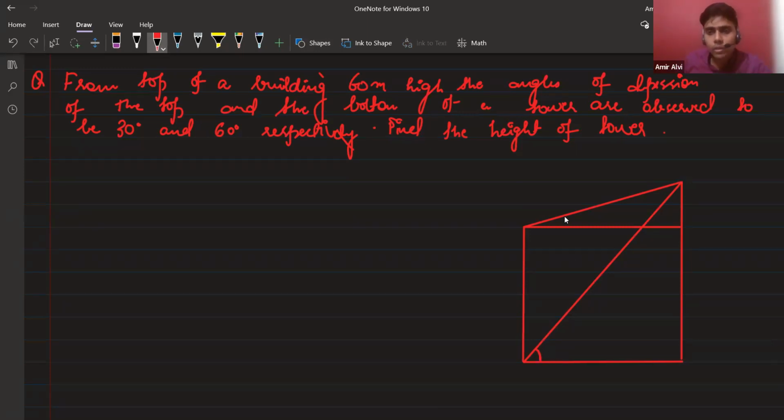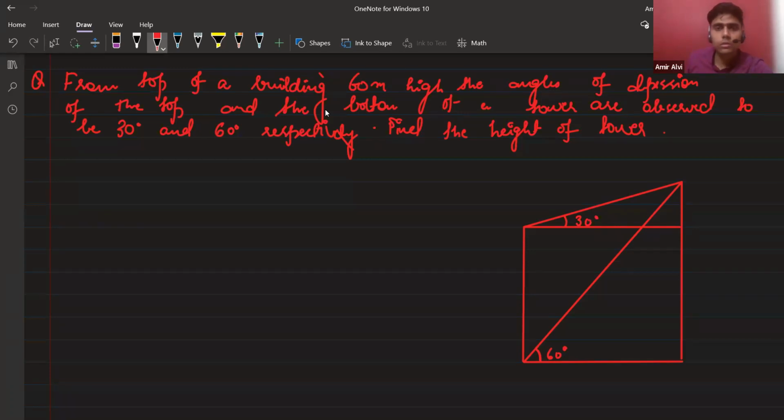Can anybody tell me what is the value of this angle and this angle? 30 degree and 60 degree. This one is 60, and this one is 30 degree. Clear?